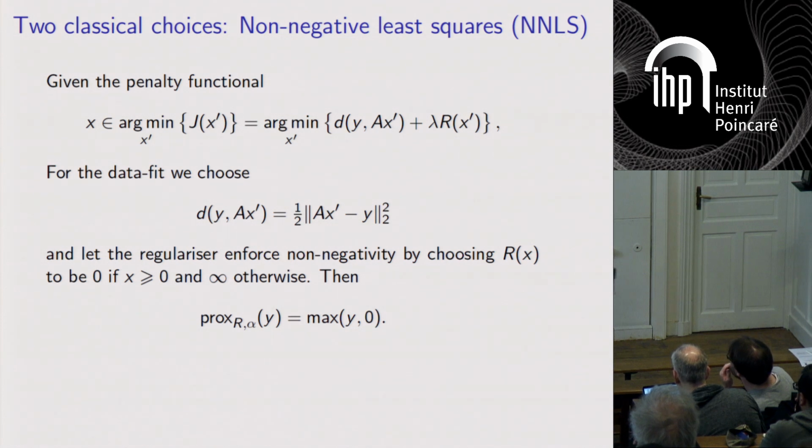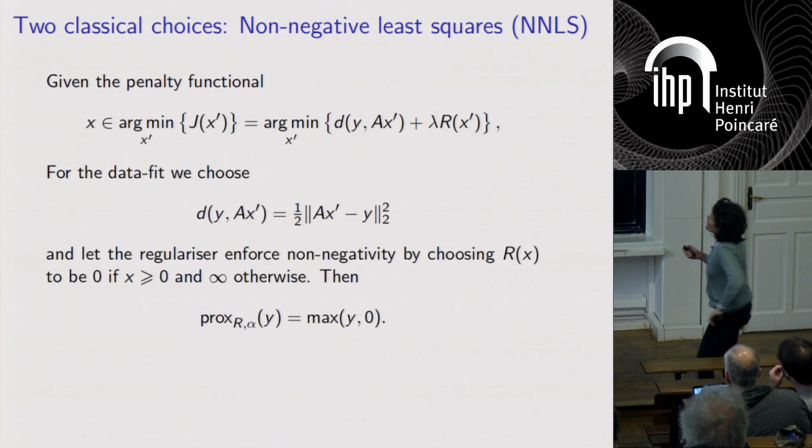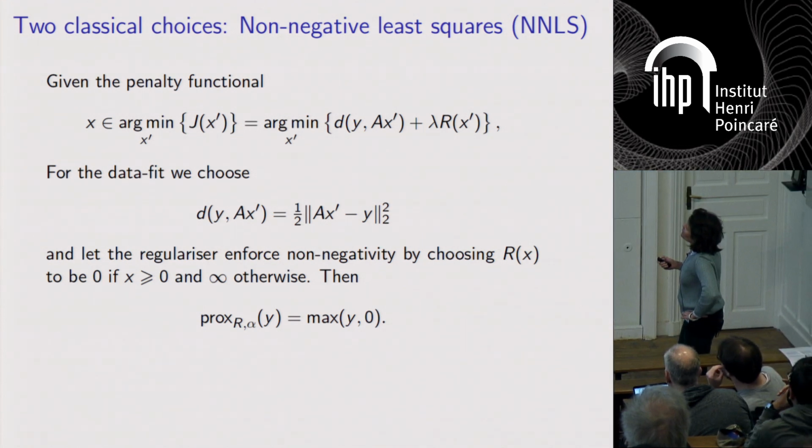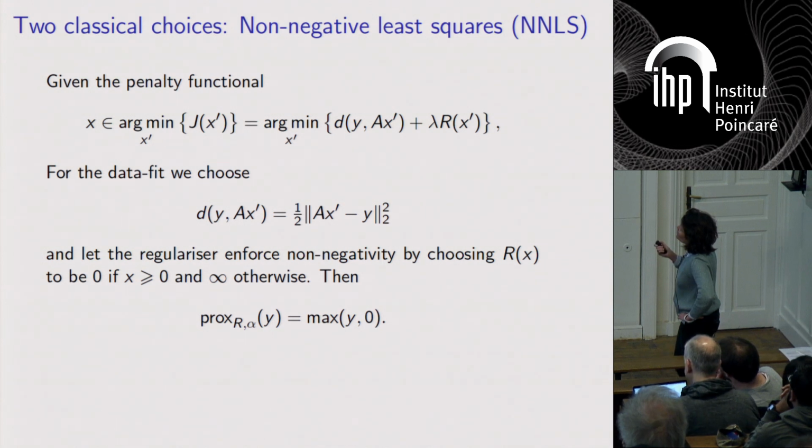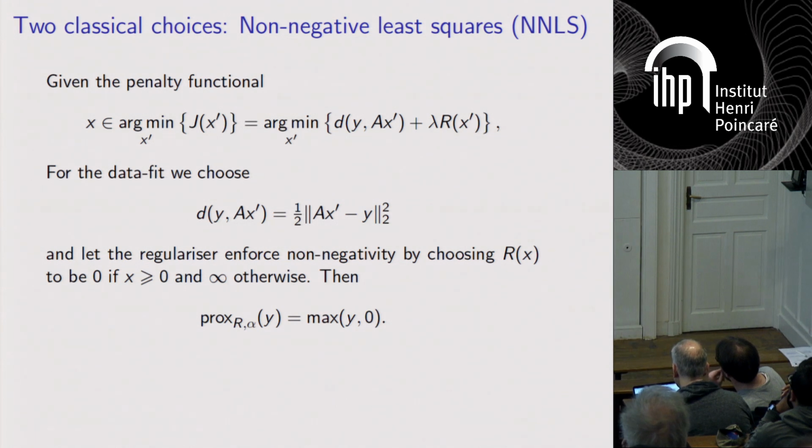The other two choices that you could have for R would be, for example, non-negative least squares. This corresponds to the indicator function of the non-negative reals, and this is of course the proximal operator for that.